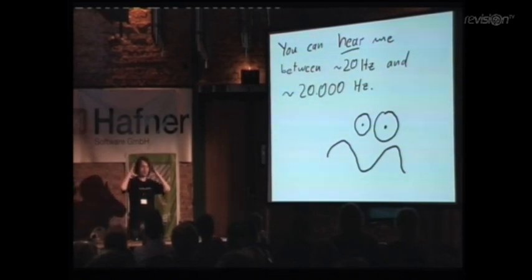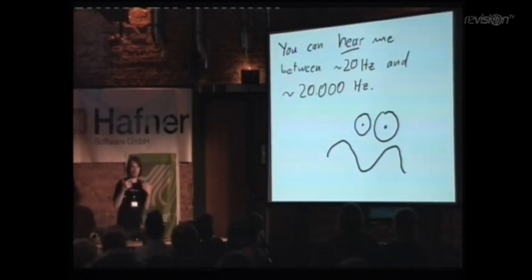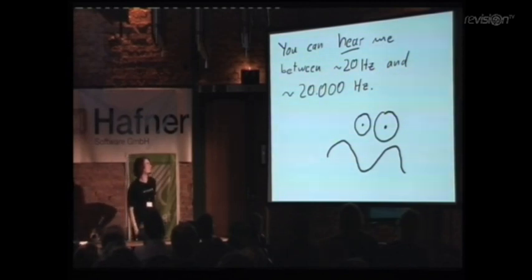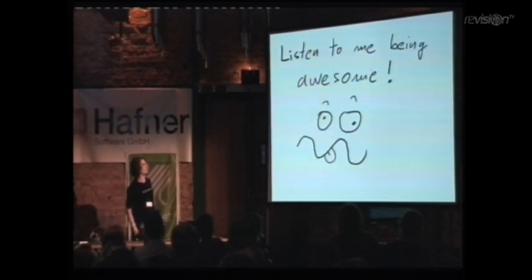So this is the range of frequencies that we can hear. When you get older, you'll miss out in the higher areas and lose something there. We'll talk about that more later too.